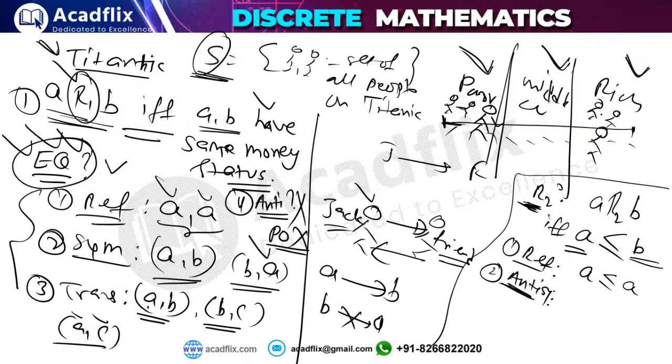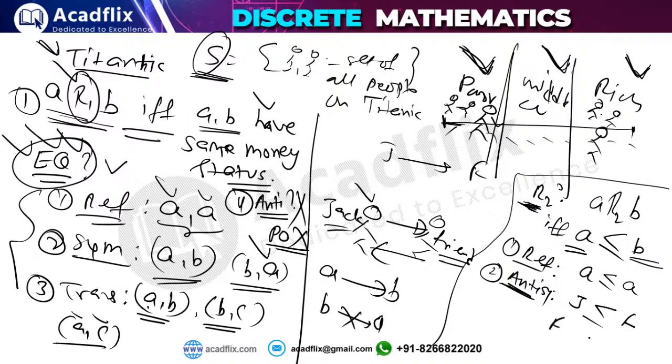Here we have three money statuses: rich, middle class, poor. Of course, Jack is less than or equal to his friend, because both have the same money status.